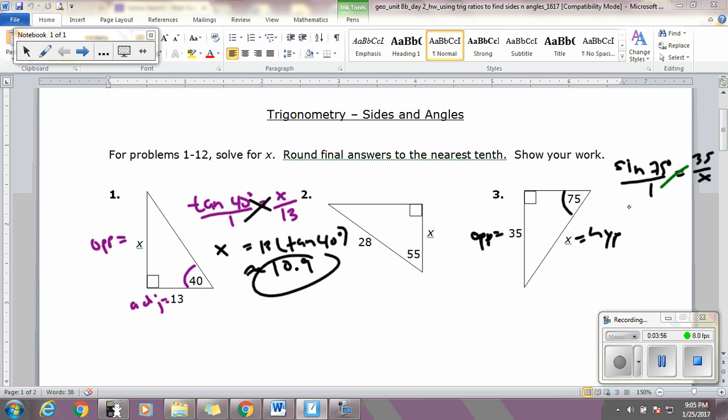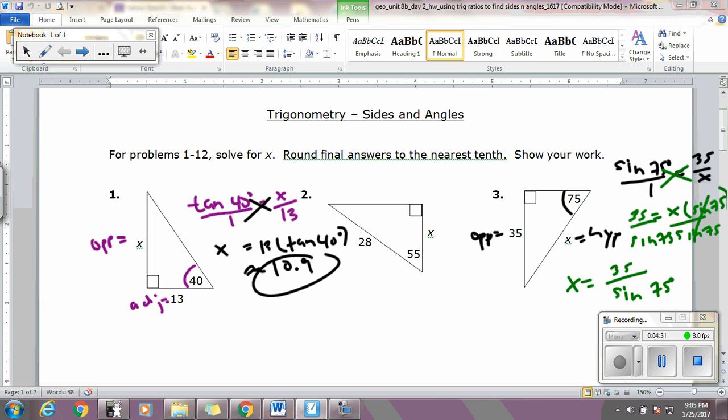1 times 35 is 35 equal to x times sine 75. And then you've got to divide both sides by sine 75 for it to cancel. So x equals 35 divided by sine 75.